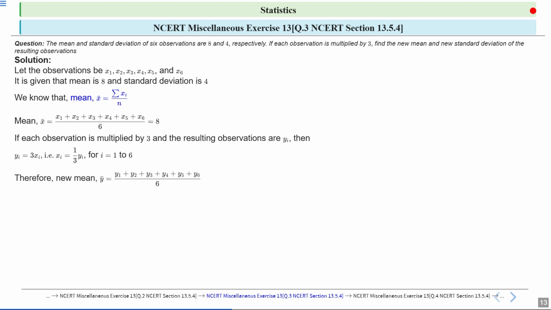So the new mean, which we will call y bar, is calculated as y1 plus y2 plus y3 plus y4 plus y5 plus y6 divided by 6. Now substituting the values, we get y bar equal to 3 times [x1 plus x2 plus x3 plus x4 plus x5 plus x6] divided by 6.